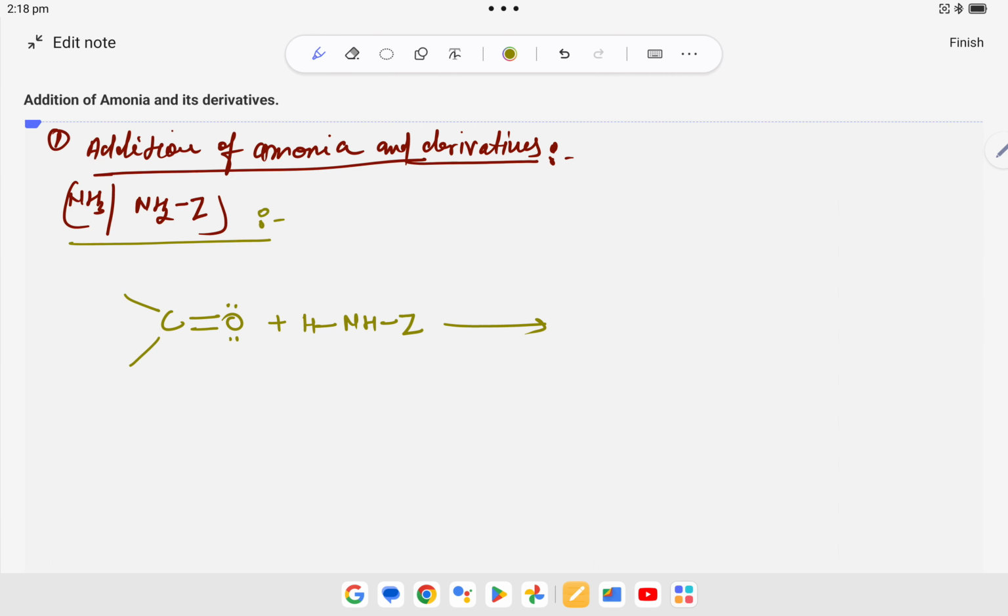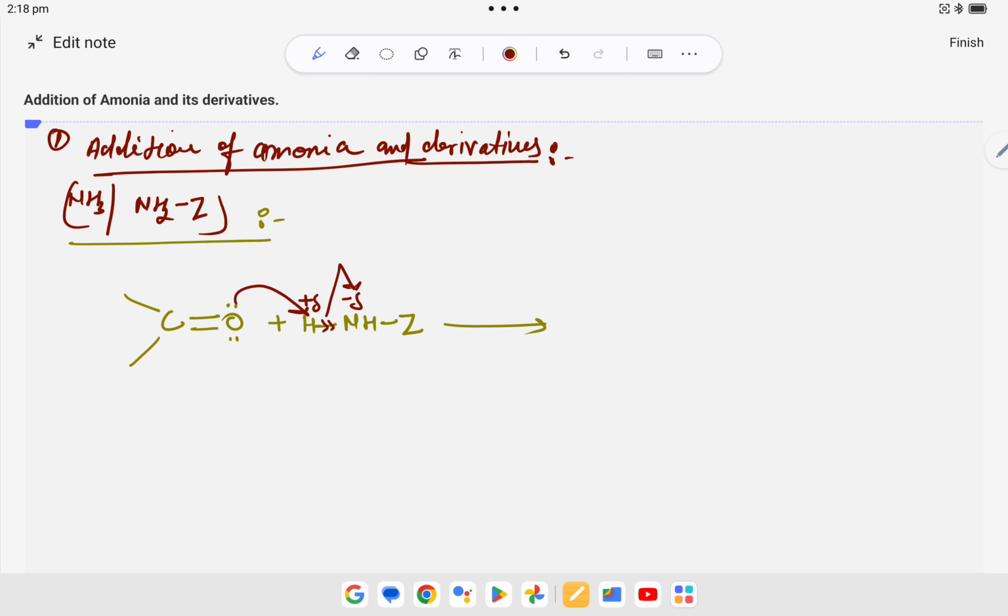Nitrogen is more electronegative in this case, so it withdraws electrons and hydrogen becomes free. So this is a partial positive and this is a partial negative species. So that lone pair attaches with this species and this species becomes free.